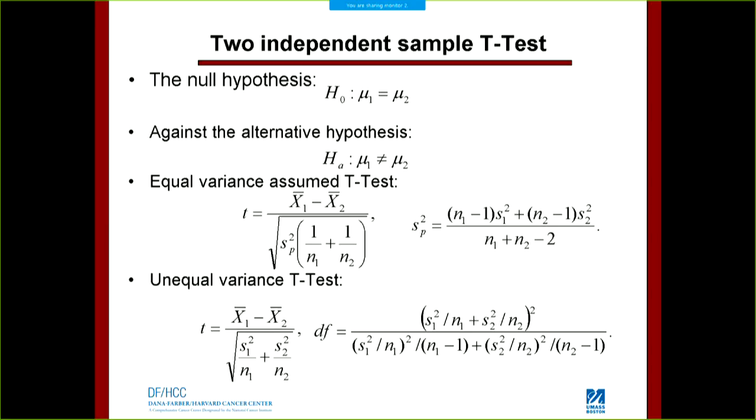We also need to test that by using the Levene test. If we run SPSS or SAS, it will run the Levene test for the equality of the variance first, and then we can choose which t-test to report.